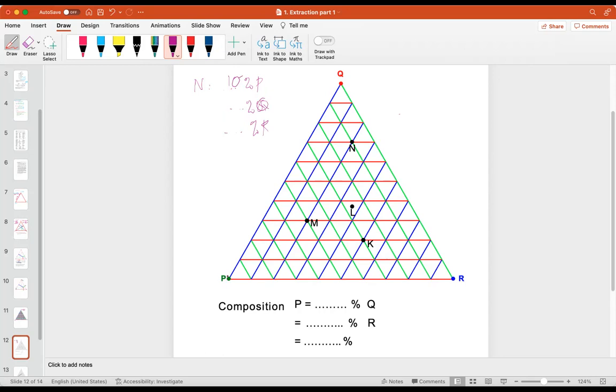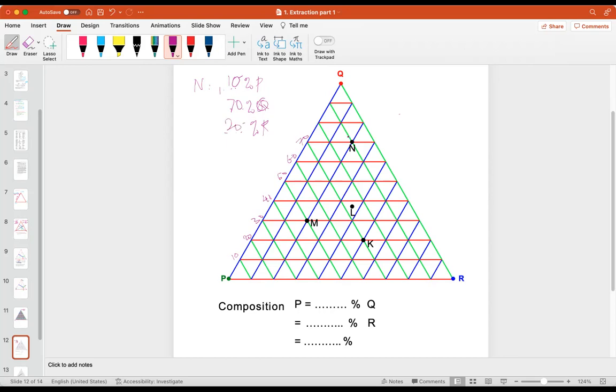This is 0%, this line is 10%, 20, 30, 40, 50, 60, 70. So this tells you about 70%. Yeah, that's right. And how about the R, Alisa? For the R, I think it's 20%, based on 100% minus 80, so it is 20%.